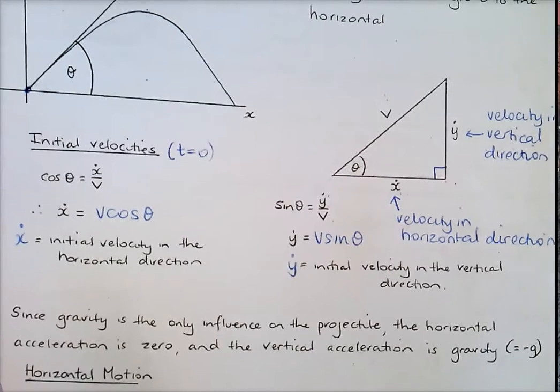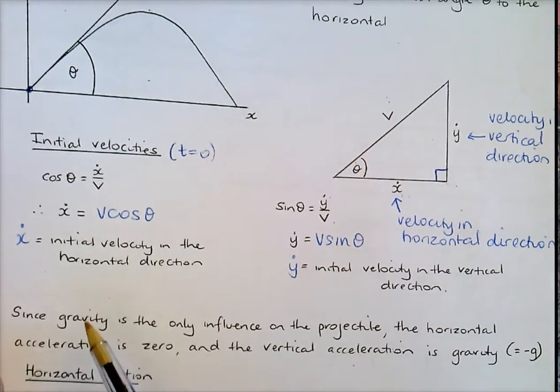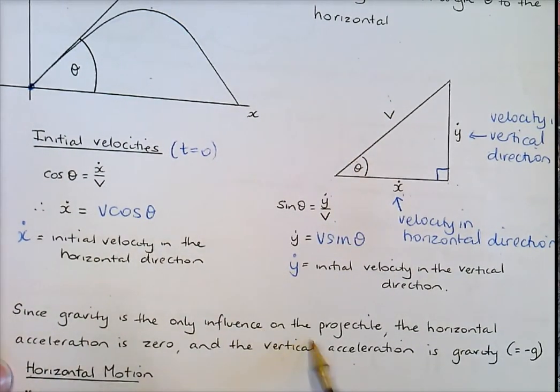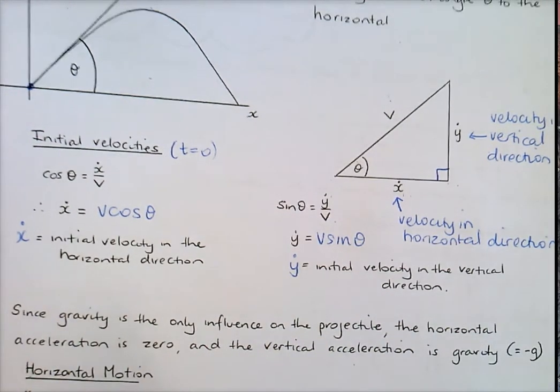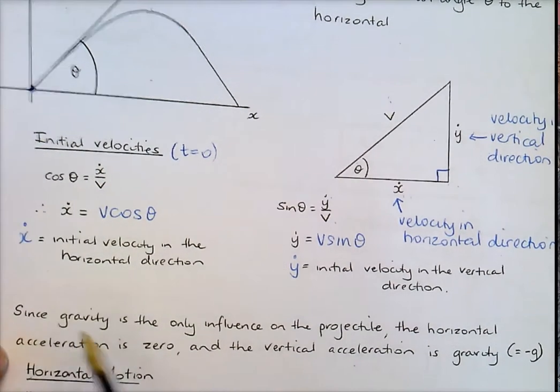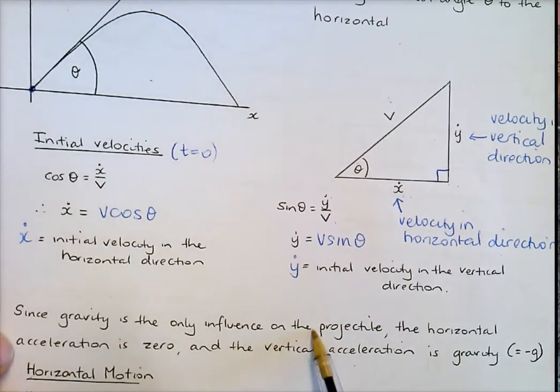Now, acceleration. Whenever you look at displacement, velocity and acceleration, you have to consider horizontal and vertical for all of them. Since gravity is the only influence on the projectile, and gravity acts downwards, the horizontal acceleration is 0.